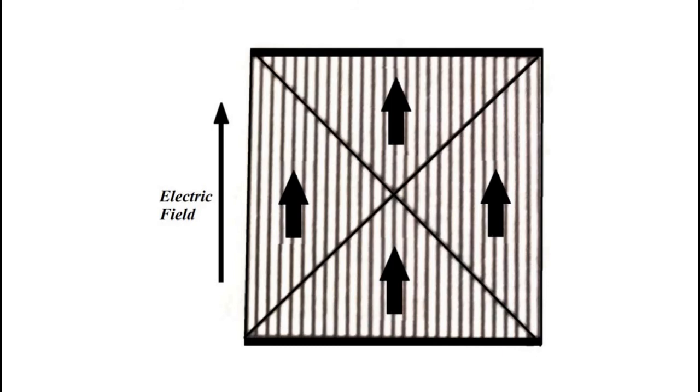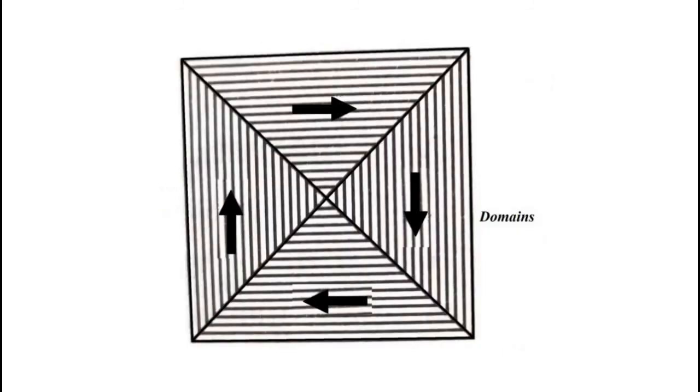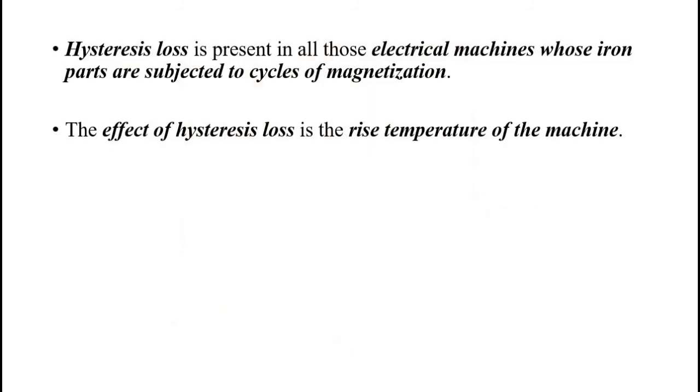So that is the hysteresis loss. So hysteresis loss is present in all electrical machines which have iron parts and which are subjected to cycles of magnetization, and the obvious effect of hysteresis loss is the rise in the temperature of the machine.